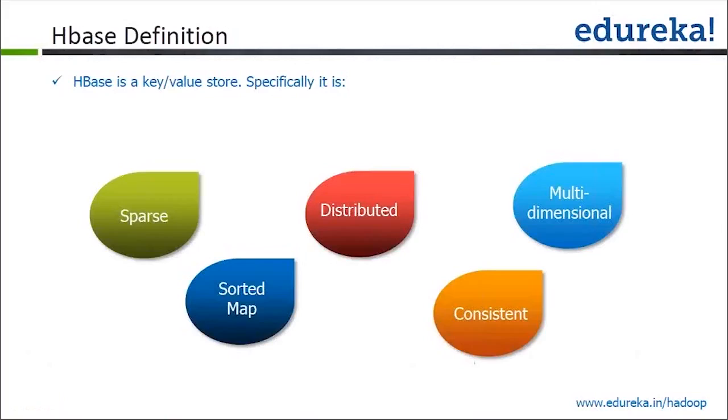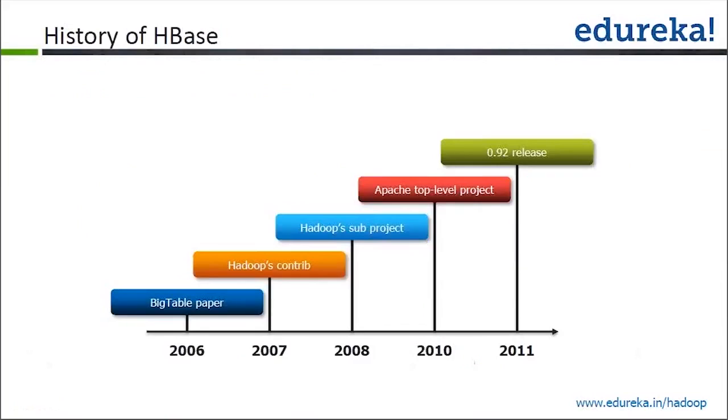As I told, HBase has multiple definitions. It's something called a Hadoop distributed database. It offers you consistency, it stores sorted data, it's distributed, it handles nulls, and works across multiple machines.